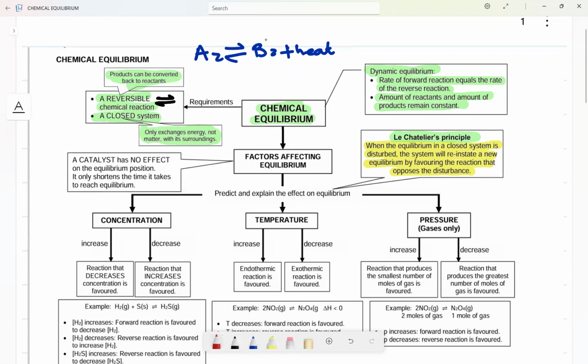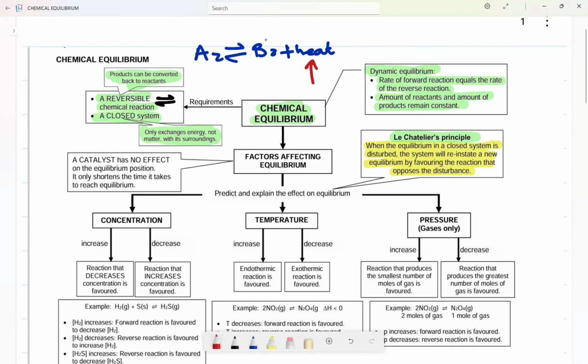Now, if I increase this heat, can you see they are no longer at peace, because I disturbed one of the factors here. I disturbed the temperature of the reaction.